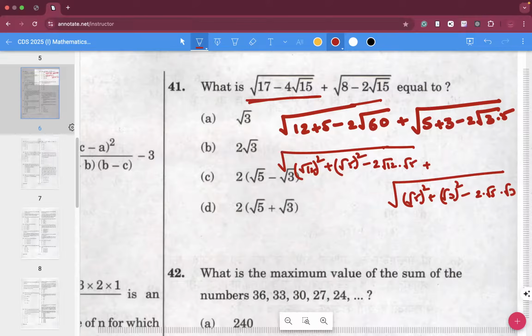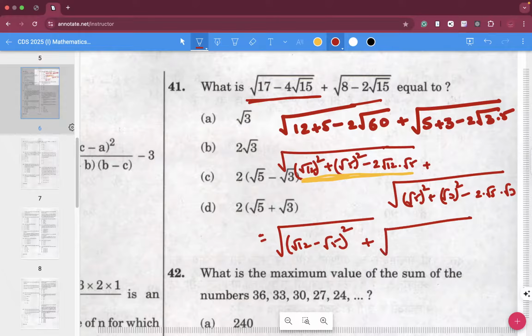Now if you look at this portion carefully, it is in the form of A minus B whole square. So I can write root 12 minus root 5 whole square.